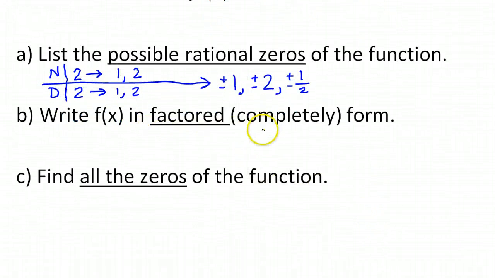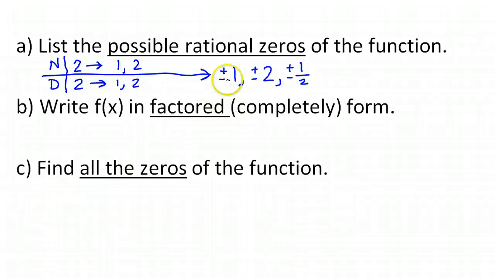Okay, we're supposed to write in factored form and find all the zeros. So we are just going to start trying out these possible zeros one at a time until we find one that works. So here we go. Let's just start with positive 1, our first possible rational zero.